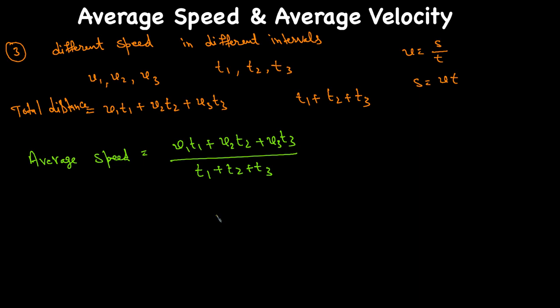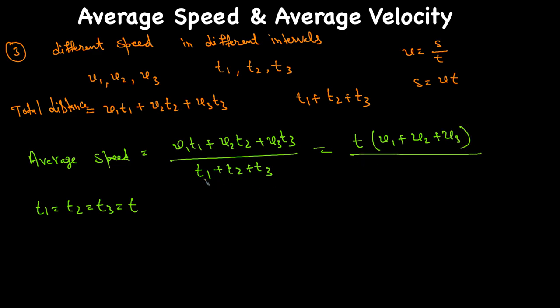Now if the time interval is the same, like t1 is equal to t2 is equal to t3 is equal to some time t, then we can take the time factor out, left with v1 plus v2 plus v3 divided by t plus t plus t, which is 3t.